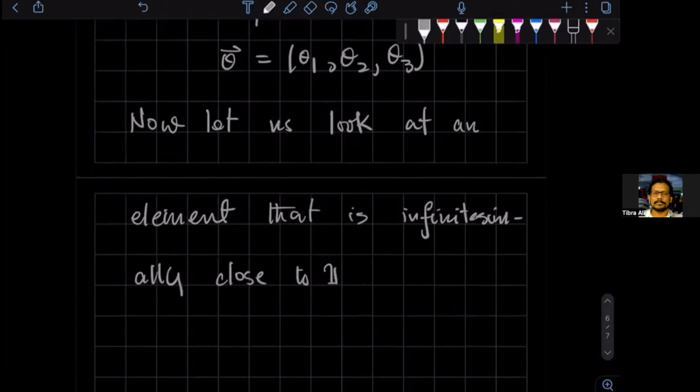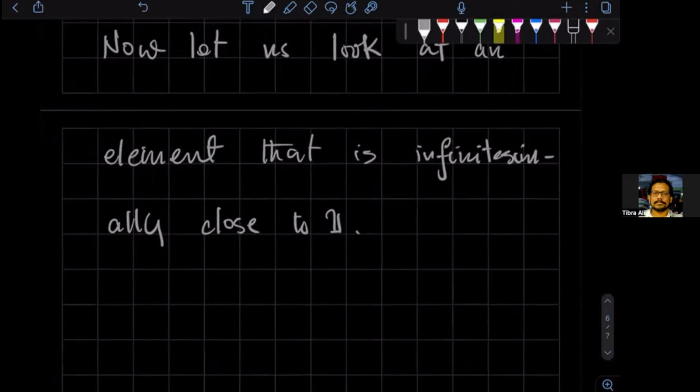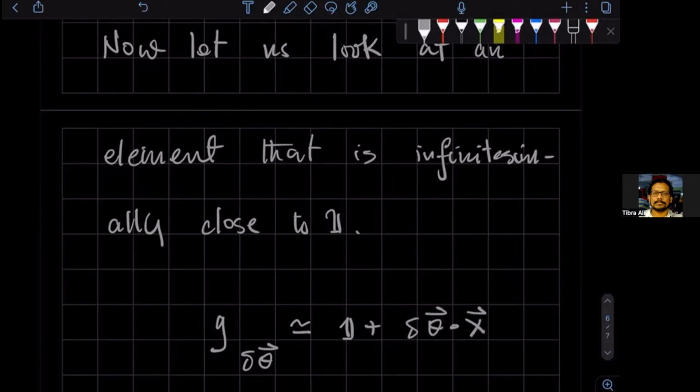Okay, we look at an element that is infinitesimally close to the identity. So we can write that element as, I know we've been using O for the, okay, let's just keep using G here. So G of delta theta has the form of the identity plus delta theta dot x, right? That's how we have defined the generator.